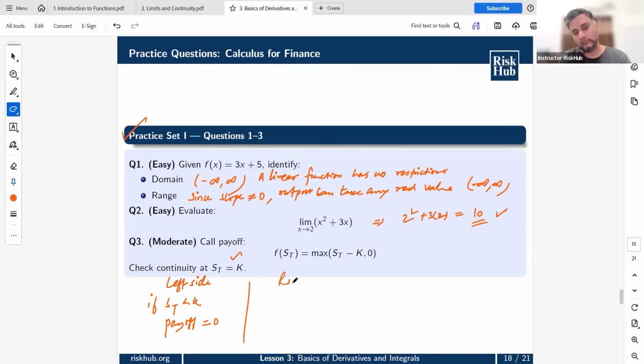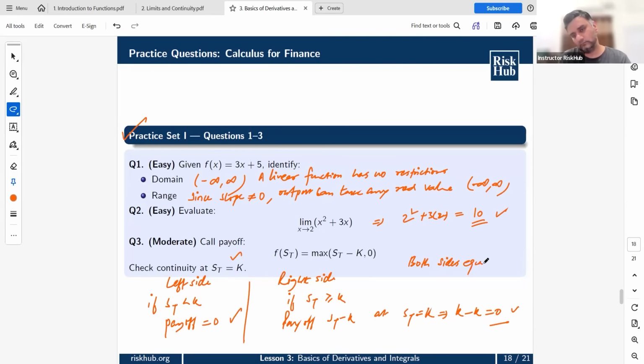If we go to the right side, ST greater than or equal to K, the payoff is ST minus K. At ST equal to K, it becomes K minus K, which is 0. So both sides are equal, and the function is continuous.